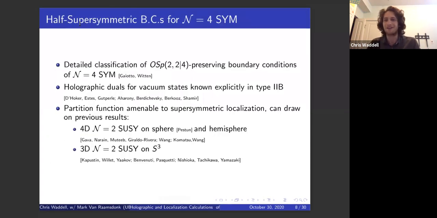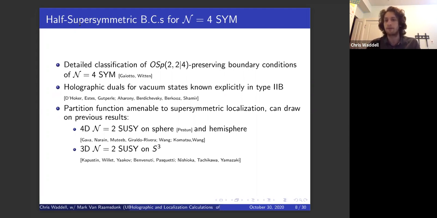And this leads us naturally to consider everyone's favorite theory, N=4 super Yang-Mills, with some maximally supersymmetric boundary conditions. So there are a few nice features about this class of theories. One is that there was a very detailed classification of the OSp(4|4) preserving boundary conditions of N=4 super Yang-Mills undertaken by Gaiotto and Witten in the early 2000s.